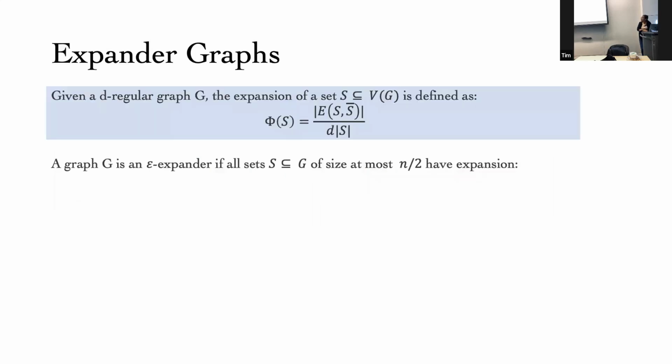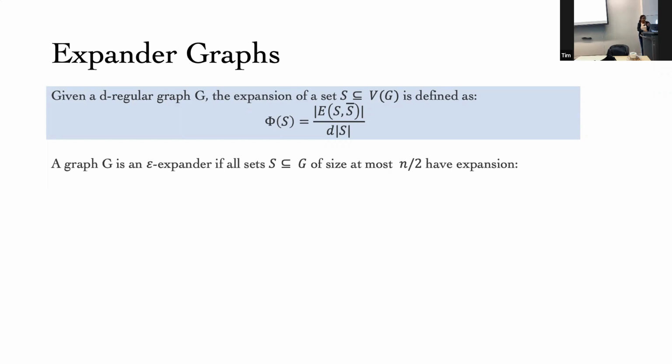Okay, sorry. So given a d-regular graph, the expansion of a set S, a subset S of vertices, is defined as the fraction of edges incident on the set that go out of the set.